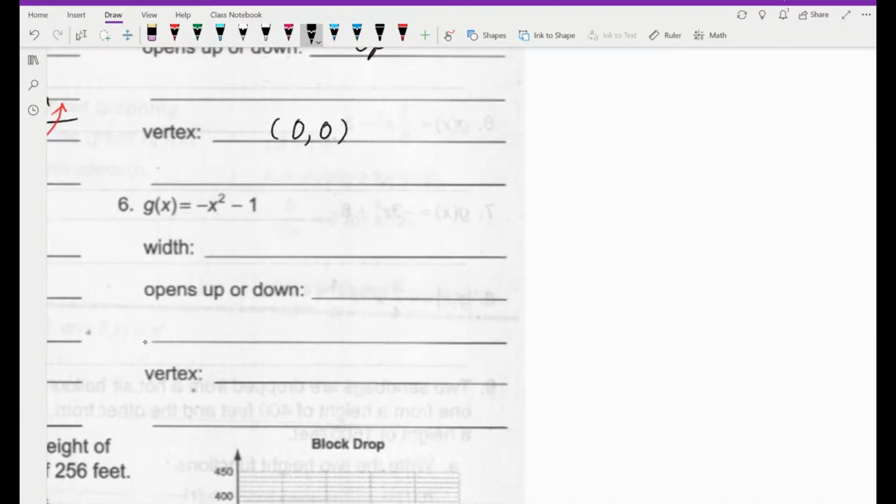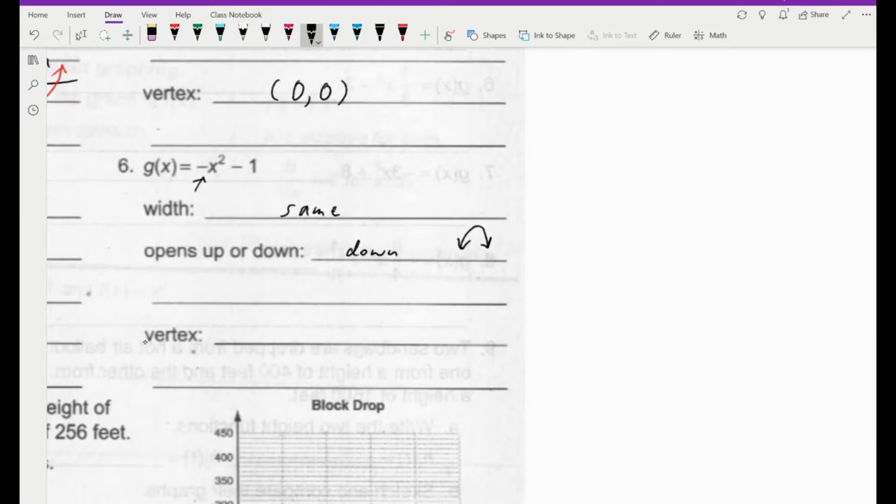Number 6. The width is a 1 value. Even though it's negative, that's okay. It's just a 1. And the original was also 1x squared. So it's going to have the same width, but it's a negative, so it opens down. This parabola is going to open downwards, the negative x squared minus 1. The vertex, see how it's a minus 1 here?